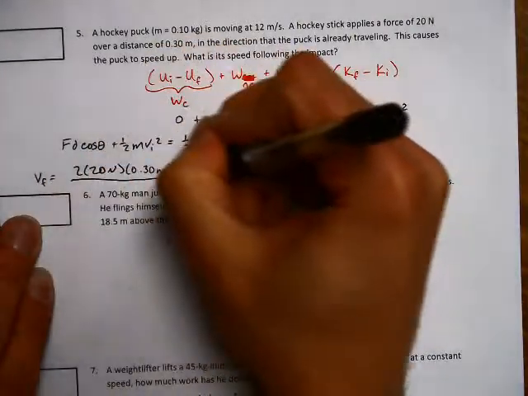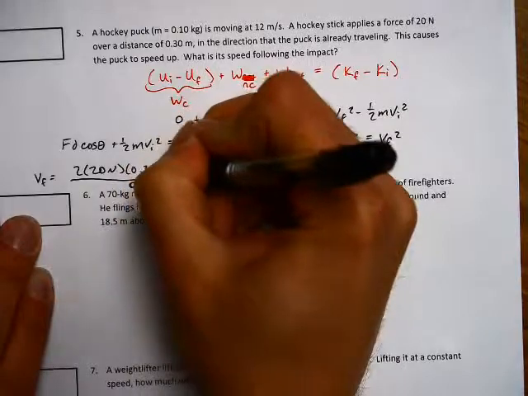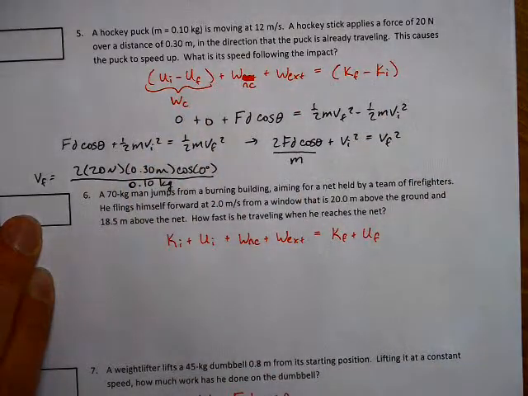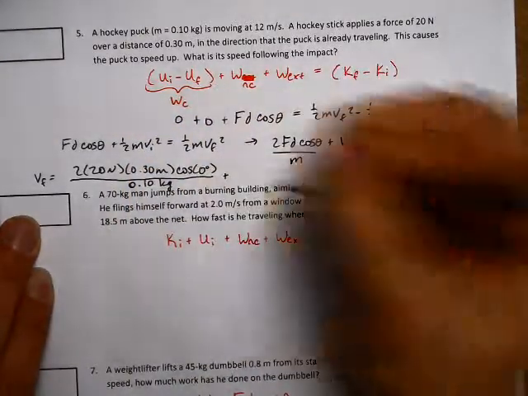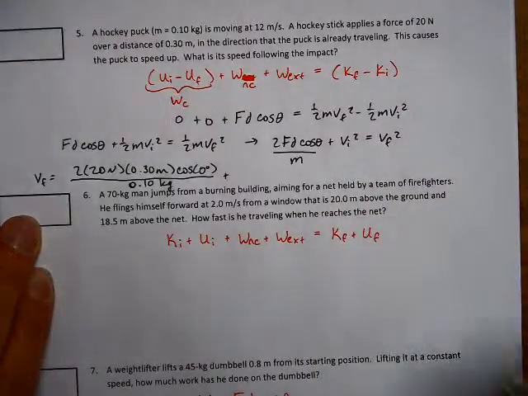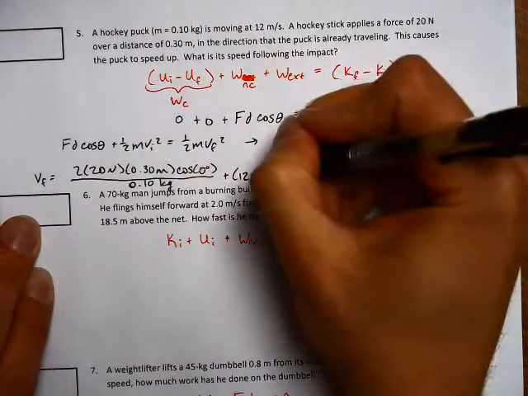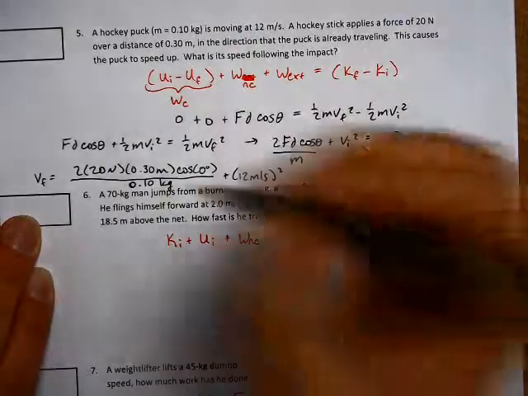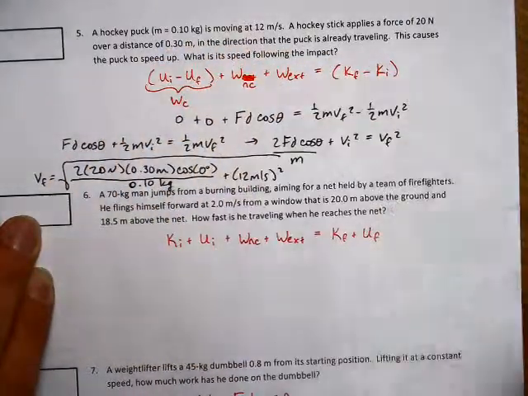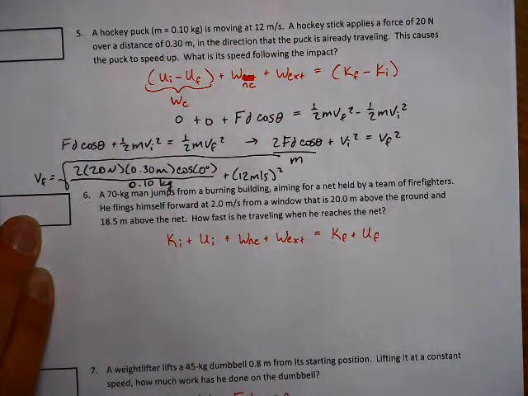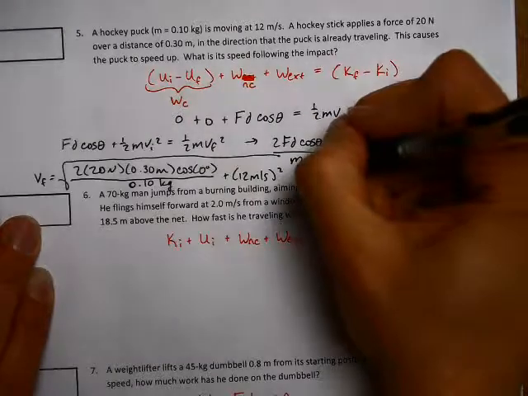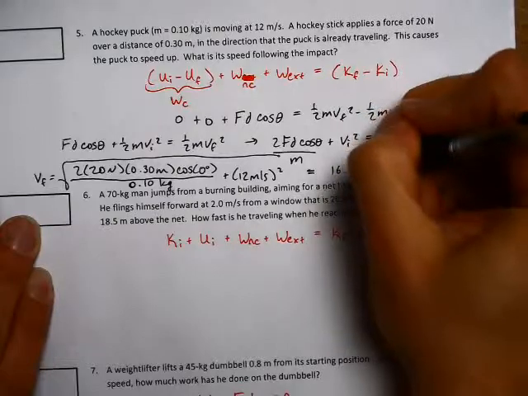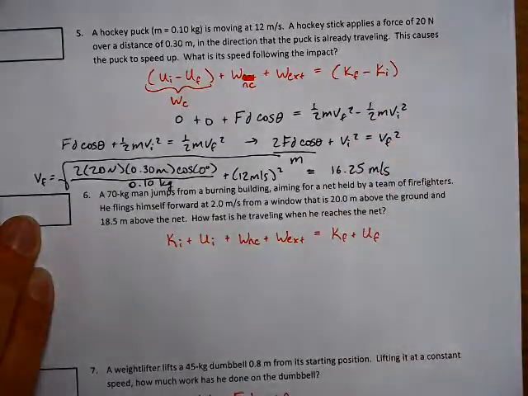We divide this by the mass, which is 0.10 kilograms. We tack on an initial speed squared, that's 12 meters per second squared. We take the square root of this large expression, and we obtain our final answer of 16.25 meters per second.